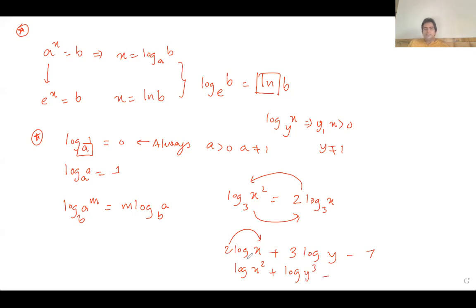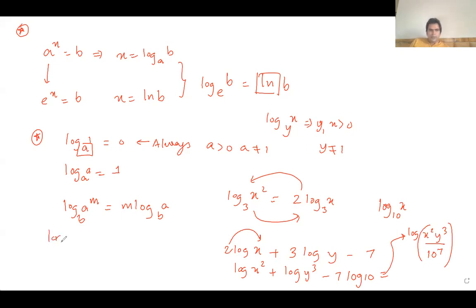And now, since the base by default is 10, if you have just simply log, the default base is 10. So this 7 can be written as 7 log 10, because log 10 we know is 1. So this becomes basically nothing but log of x squared y cubed over 10 to the power 7, with the 2 properties that I'm going to write next.